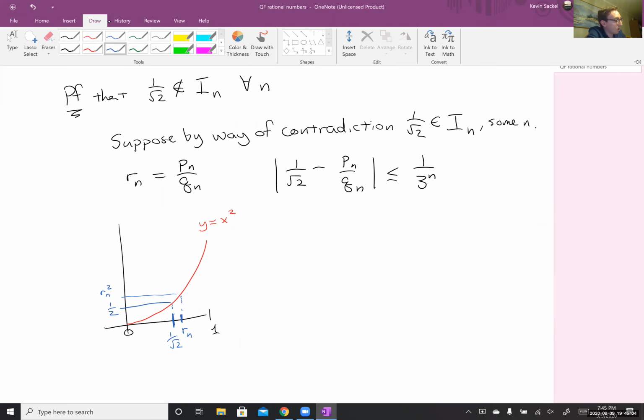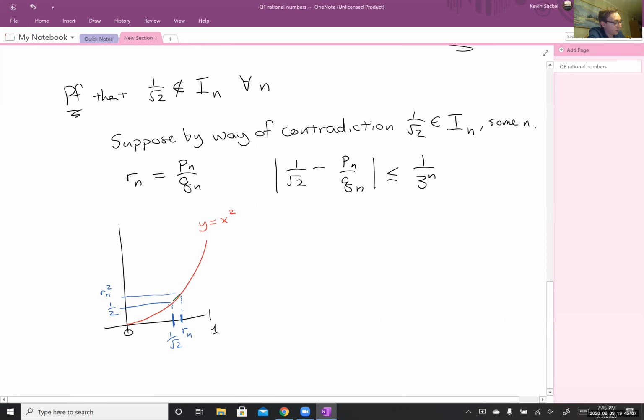Notice that the slope of the line connecting these two points is less than or equal to 2, because the derivative of x squared is 2x. So on this interval from 0 to 1, it's never going to be larger than 2.